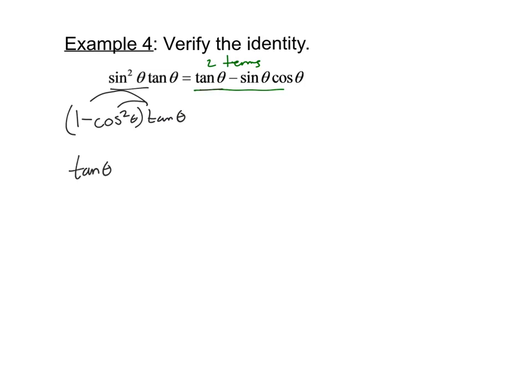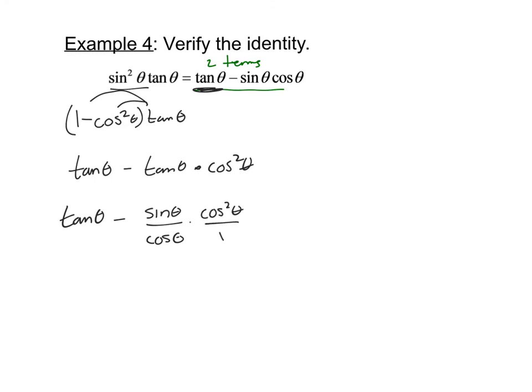So tangent theta matches up to that. But then I've got tangent of theta times cosine squared of theta. Okay? So now, here's where I'm going to leave the first tan theta alone because that's what I want. Then I'm going to rewrite this second one as what it represents, sine over cosine.